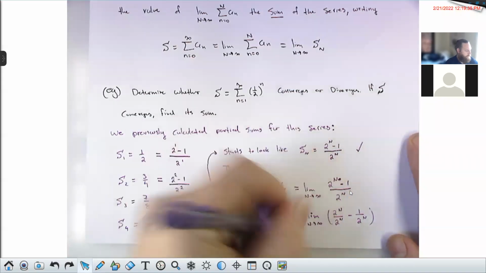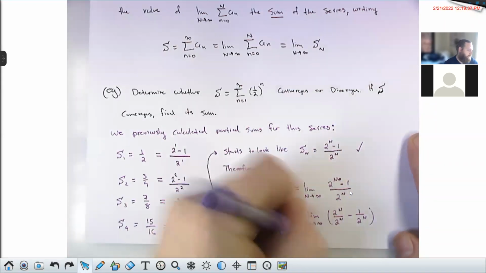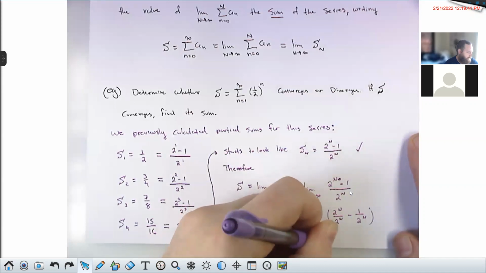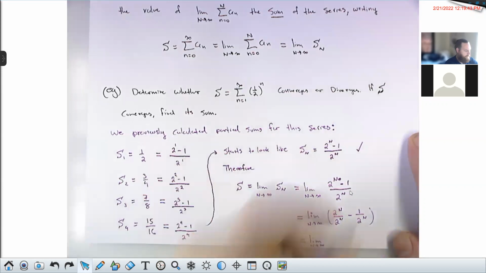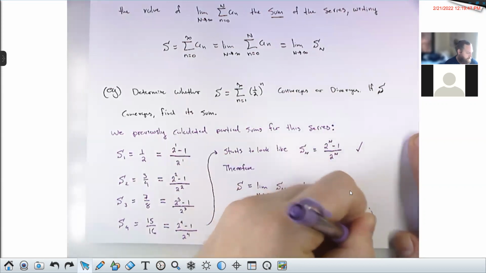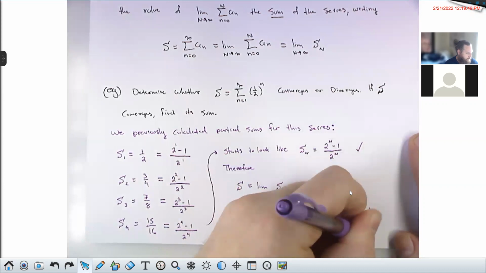Two to the n over 2 to the n is 1. So this is the limit as capital N goes to infinity of 1 minus 1 over 2 to the n.